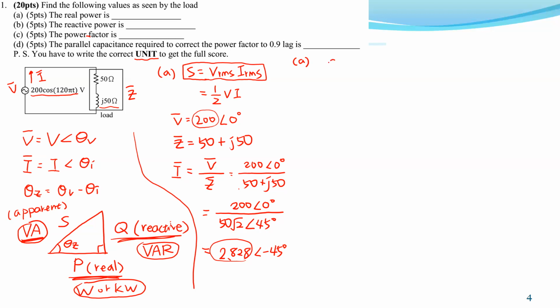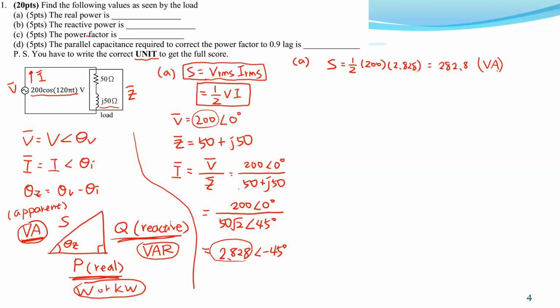So S equals 1/2, because I already have V and I here, V is 200, you can also memorize this, 200 times 2.828, it is 282.8. This is volt-amp.